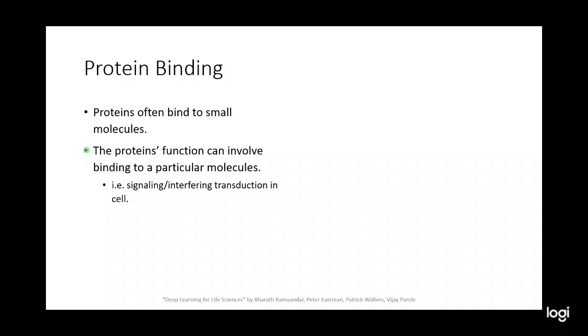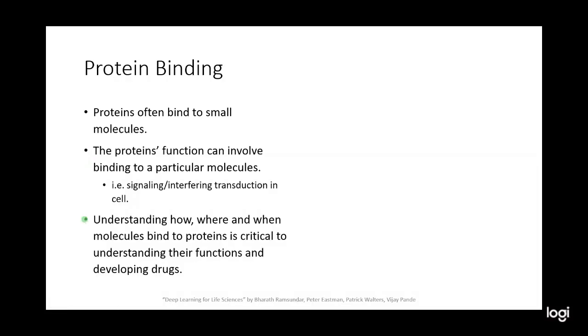Additionally, when a foreign molecule such as a toxin binds to a protein, it can interfere with the protein's function, potentially leading to harmful effects. Understanding how, where, and when molecules bind to proteins is essential for deciphering protein function and developing new drugs.